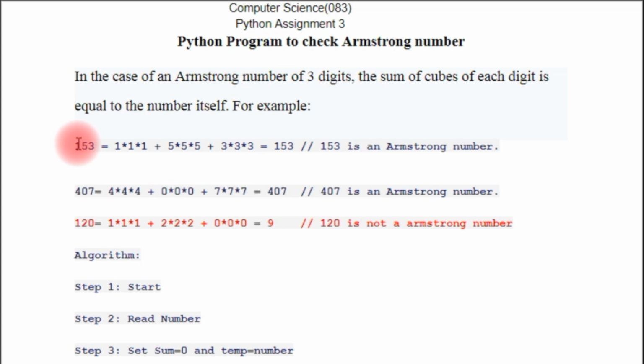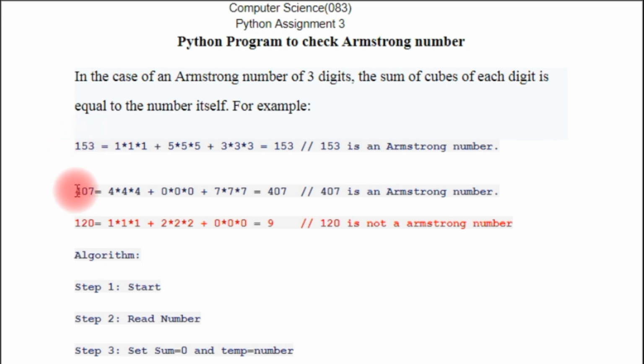Since it is a 3-digit number, we need to calculate the cube value of each individual digit: 1 cube plus 5 cube plus 3 cube. The result is 153. Since it is equal to the actual number, we can conclude that 153 is an Armstrong number.